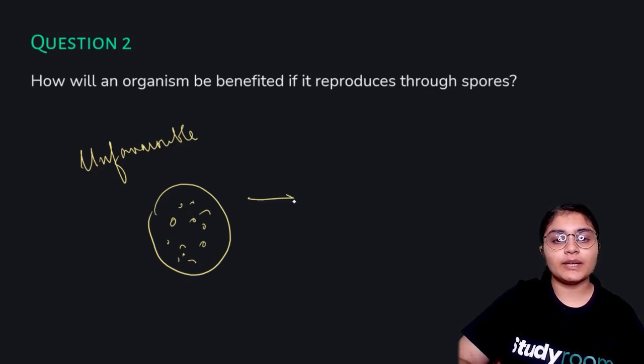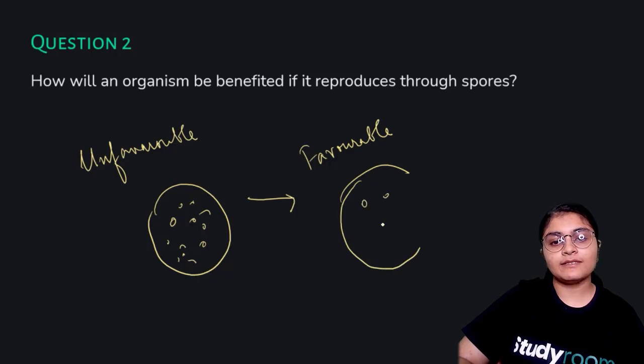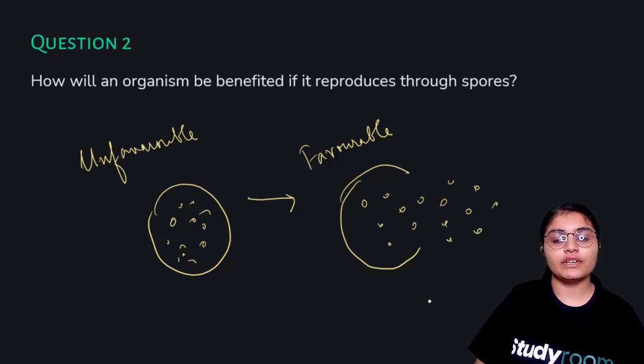But when the favorable condition happens, the thick layer breaks and these spores are released into the environment and they can grow into new individuals. So that is the benefit: the thick layer surrounding the spores helps in protecting them in adverse conditions. Okay.